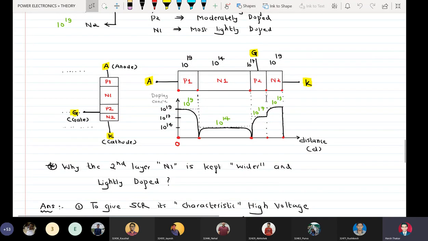The third layer P2 is moderately doped with 10 raised to 17 atoms per cc. And this is what is called a doping profile here.